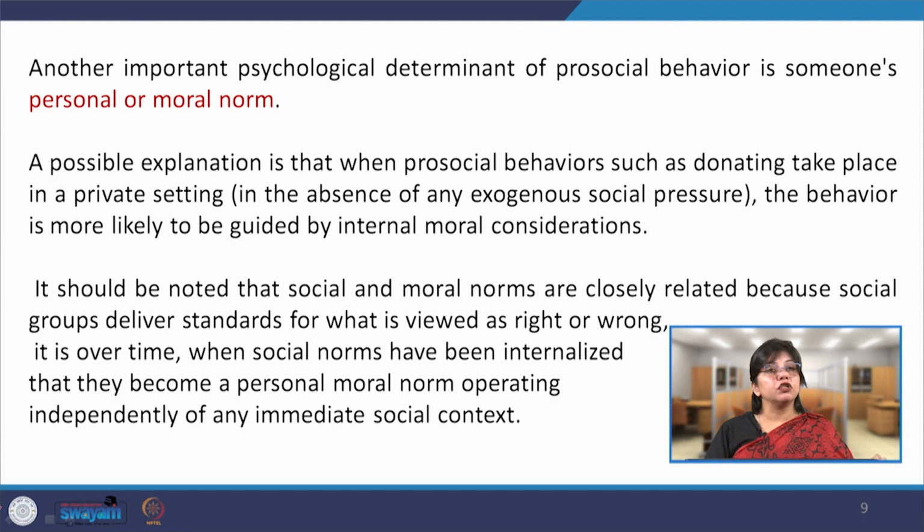The internalization is so deep and so strong that even a social norm becomes a personal or moral norm, that I am supposed to help that person, while not facing any societal pressure, but actually internalizing this concept and transforming that social norm into a personal and moral norm. So, this is how helping behavior is being induced.